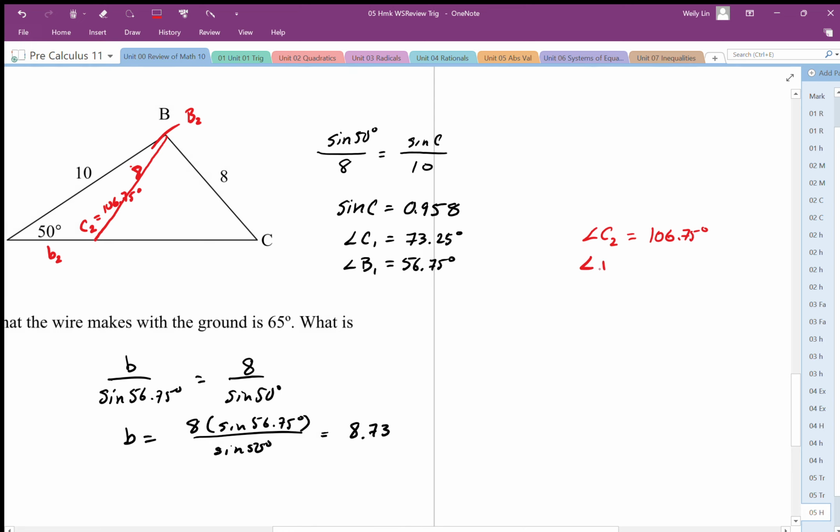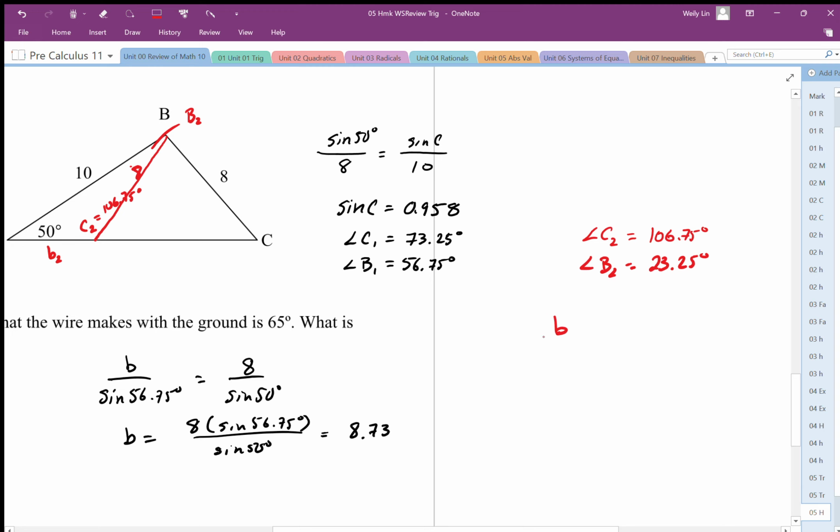So angle B2 is going to be 180 minus the 50 degrees minus the 106.75 degrees, and that gives me an angle of 23.25 degrees. So using that angle, I'm going to solve for the side length.